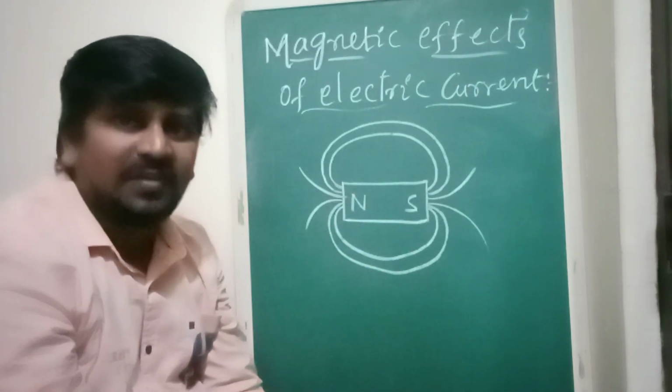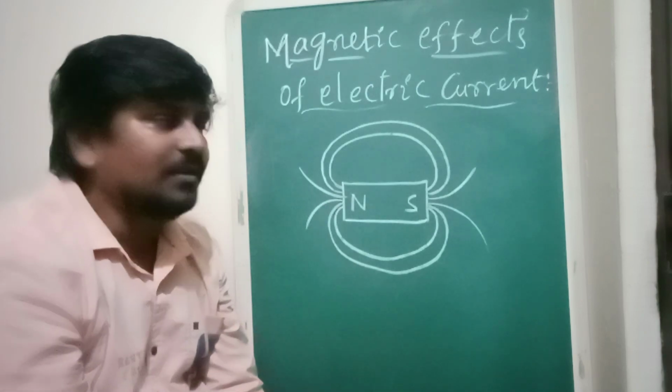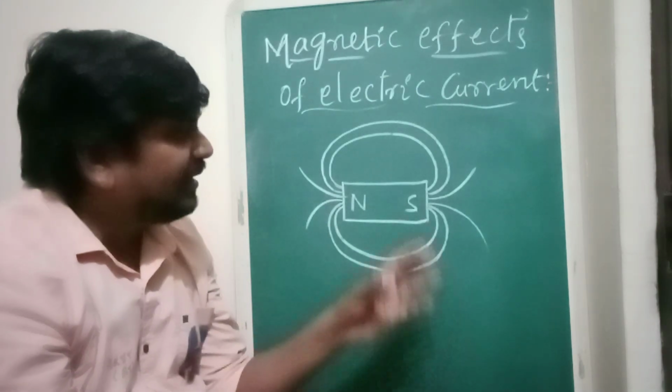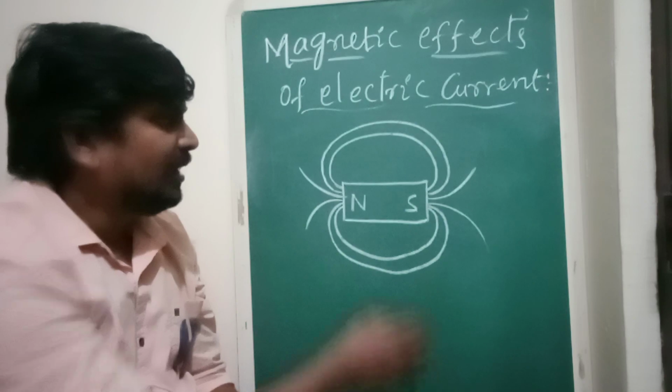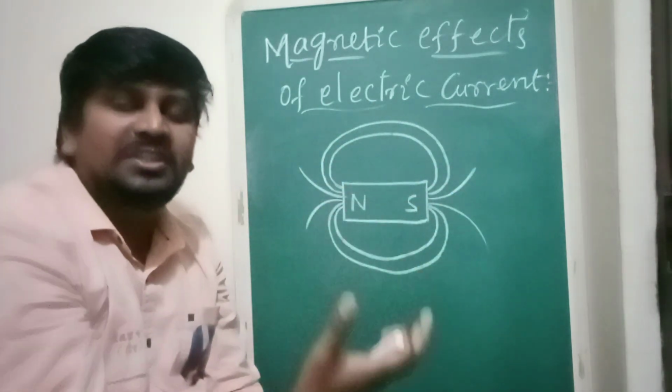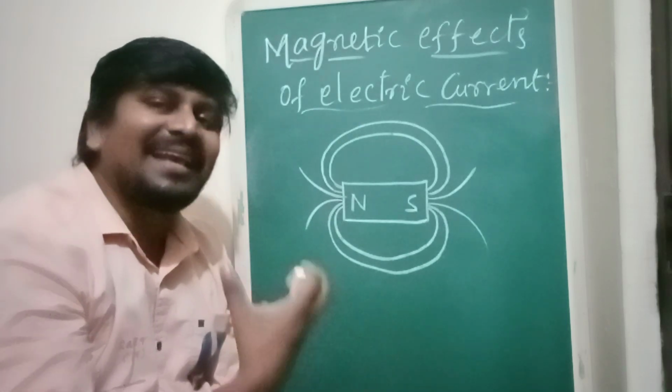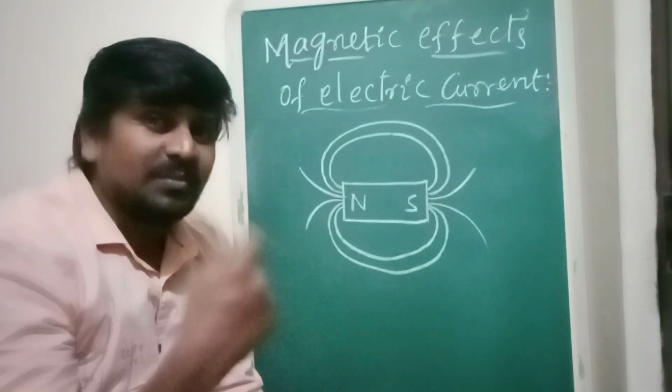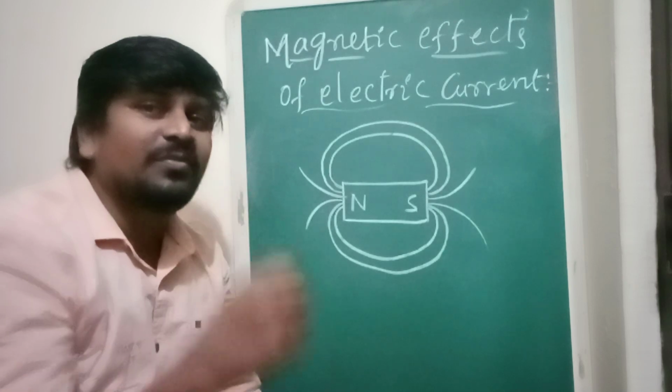What is a magnetic field? Magnetic field is nothing but the region around the magnet. So I'm considering this the region, within which the magnetic force exerts. Once again, I'm repeating the definition. What is the magnetic field definition?